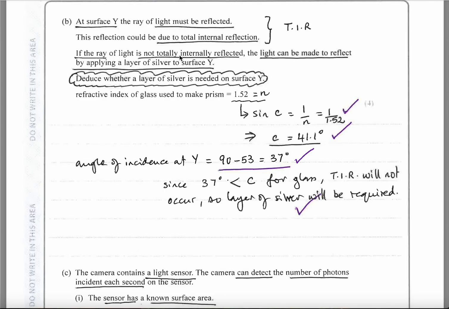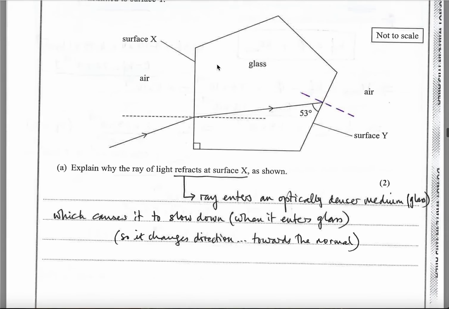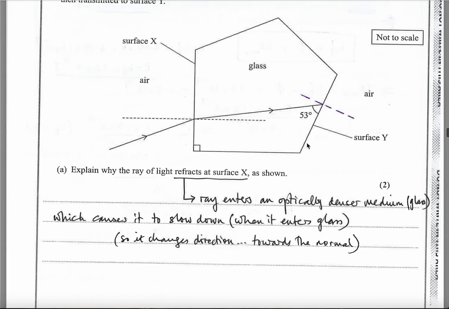If the ray of light is not totally internally reflected at surface Y, the light can be made to reflect by applying a layer of silver to the surface metal. Well, that's basically changing the material from being glass into a mirror. If you put a silver surface on the back of glass, that's how mirrors are produced.